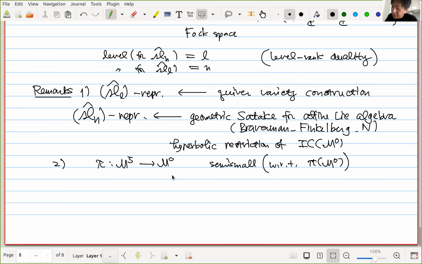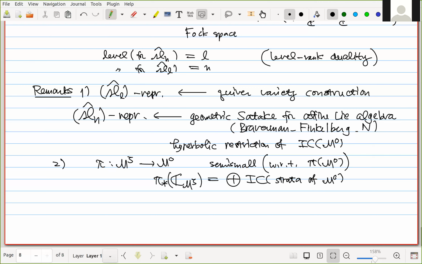So if you consider the constant sheaf on M^zeta and take the pushforward, then it decomposes into IC sheaves of various strata.